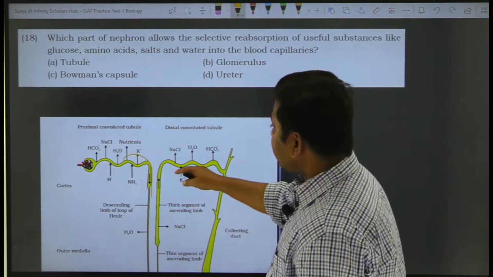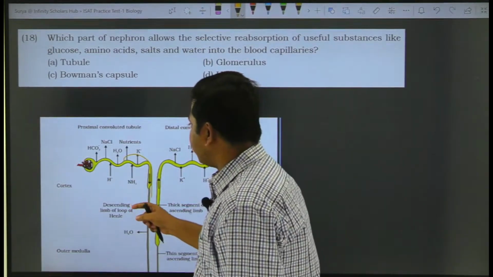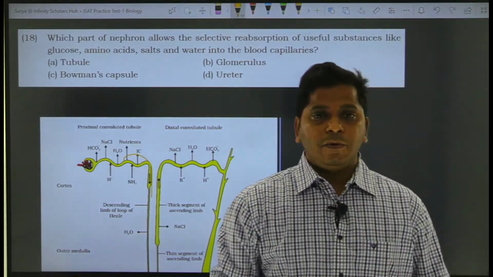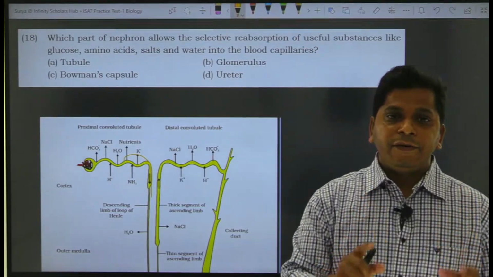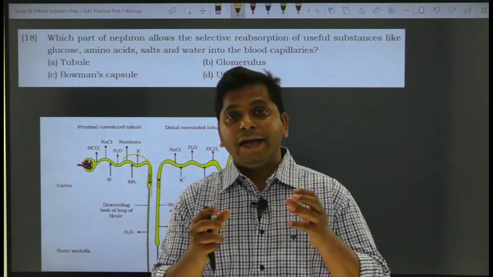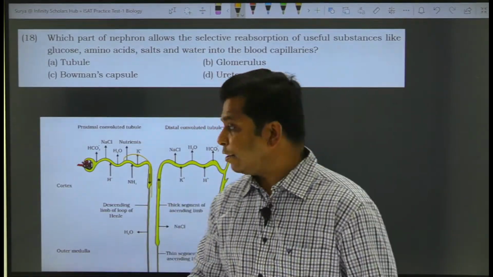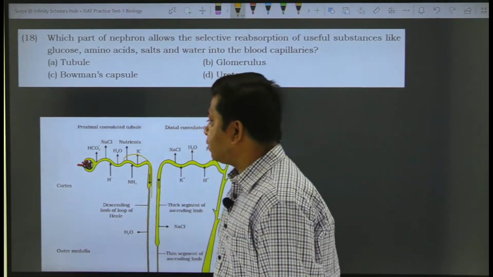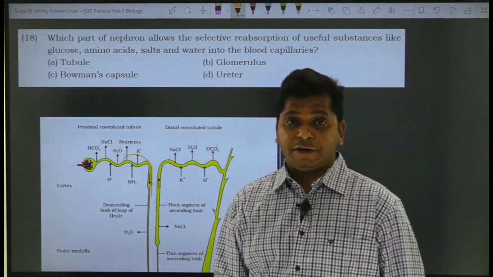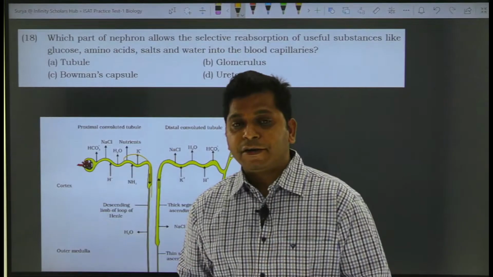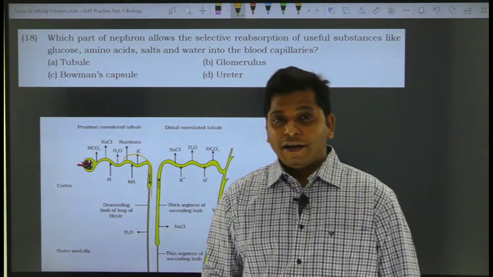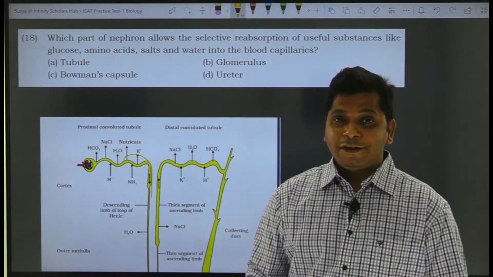If we look at what is happening, the filtration is happening here, but as you know, in a given day approximately 180 liters of filtrate is being produced by the Bowman's capsule, such a high quantity. Are we producing 180 liters of urine?